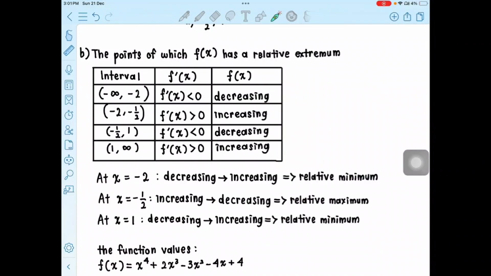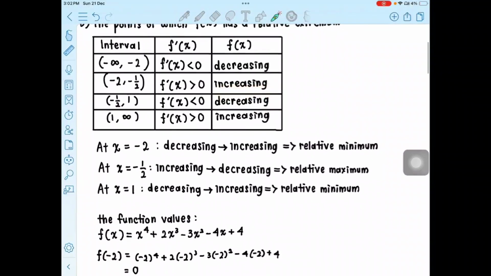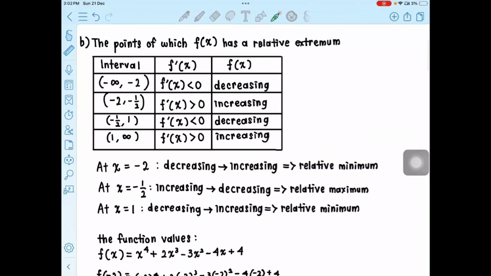For the value between -2 and -1/2, the derivative is positive, so the function is increasing. For the value between -1/2 and 1, the derivative is negative, so the function is decreasing. And lastly, for values more than 1, the derivative is positive, so the function is increasing. So the graph will be like this: decreasing, increasing, decreasing, and increasing.